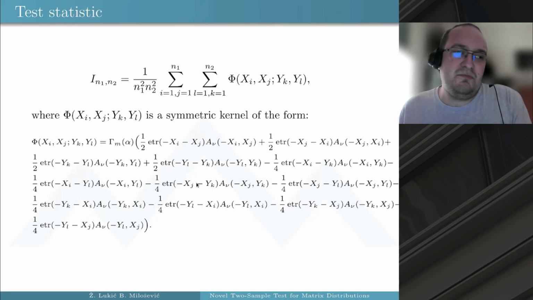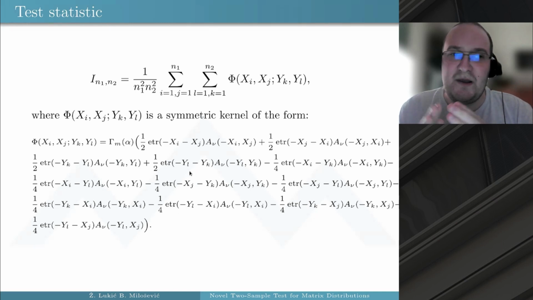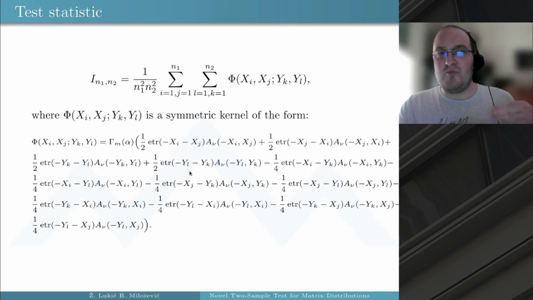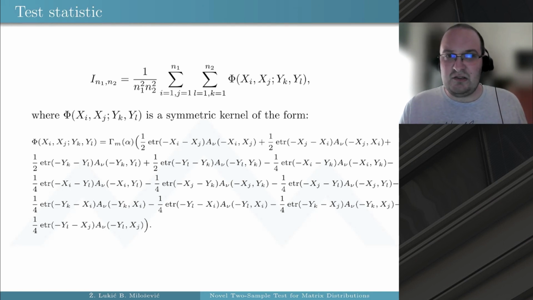Also, it has this form when you compute it finally. And now we are going to do basically the same thing. We are going to modify this statistic to detect change points in the matrix case, and then we are going to apply it to the financial data. And some interesting things are going to happen.